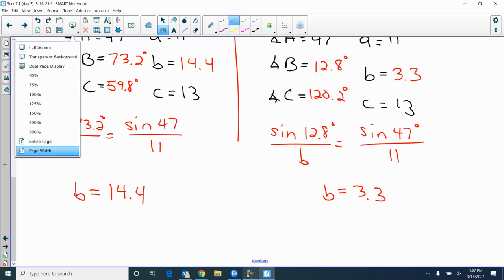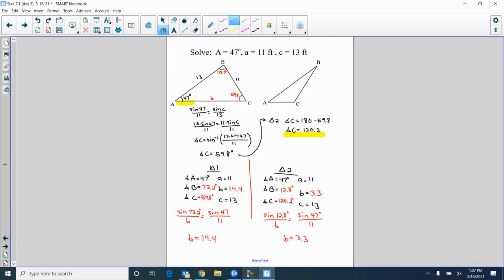And let me go back to, let's see, will this work? Yeah, it works somewhat. So this is 47. This angle is still 47. The side across is still 11. This is 13. But angle C and angle B definitely have changed. And side B has definitely changed. So angle C is 120.2.